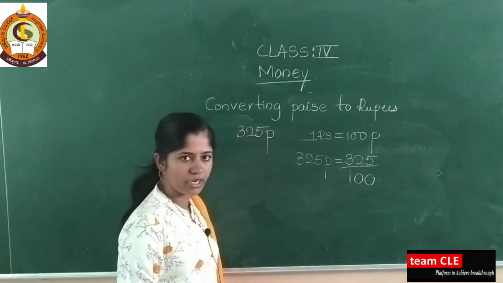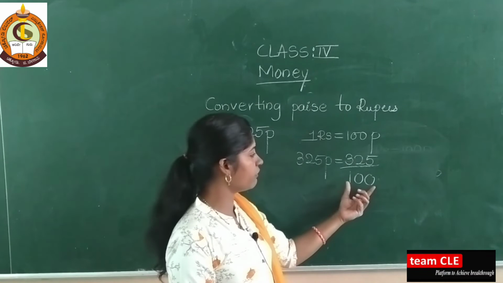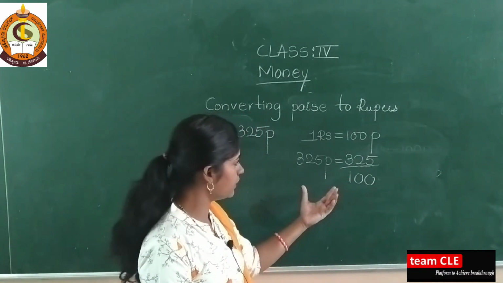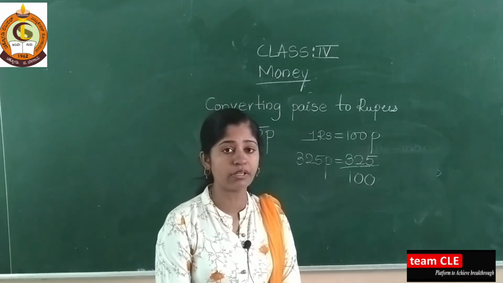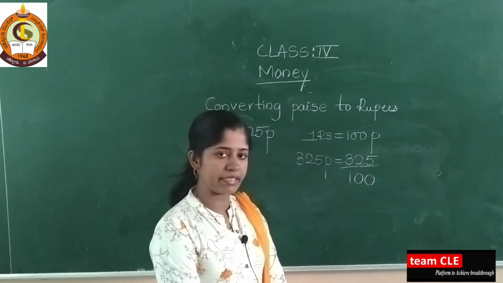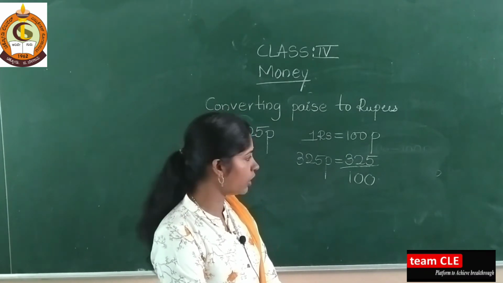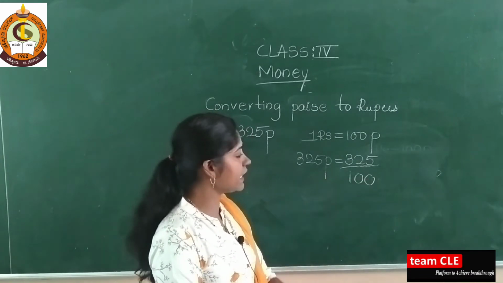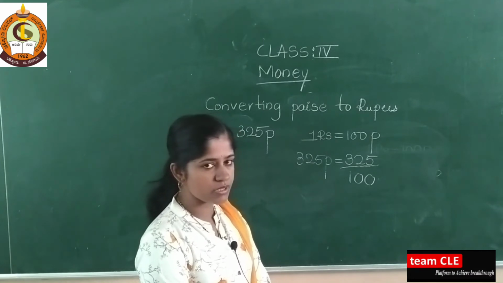Why did I take 100? Understood? If you divide by 100, you will get rupees in the given example. Already you know, dear students, while teaching the decimals lessons, I taught how we convert fractions to decimals. So this is there in decimal form.